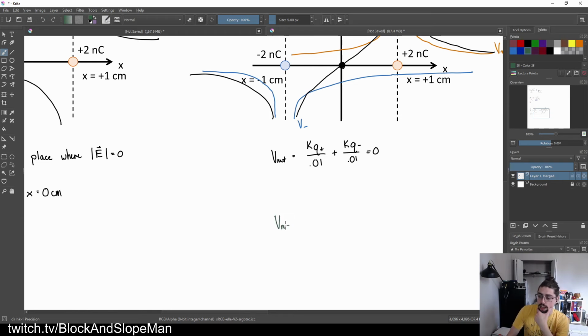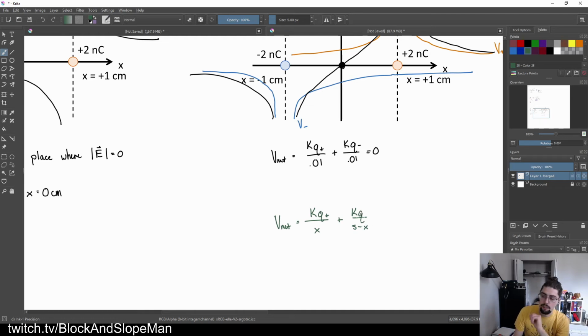If I wanted to find the V net normally, what I would have to do is take this same kind of deal, but this would be like 1 over x from here, and then if there's a separation between these two, it's something like s minus x at that point.